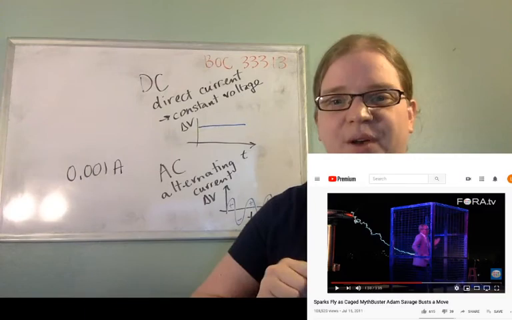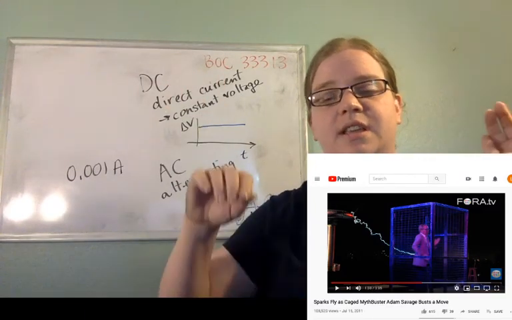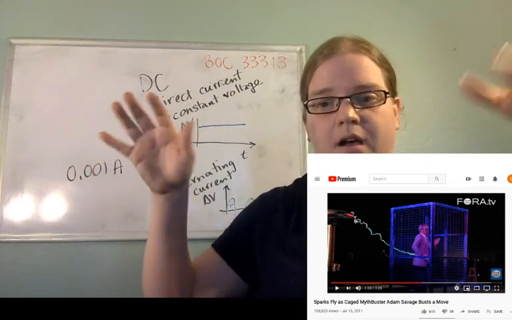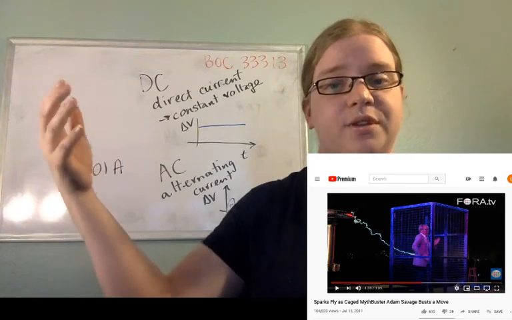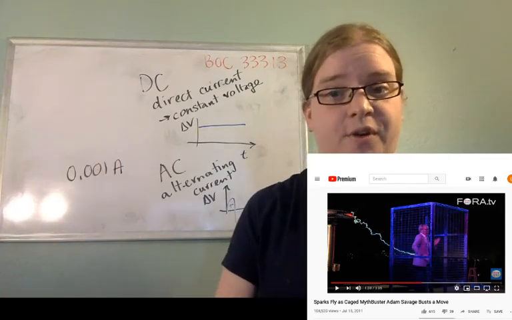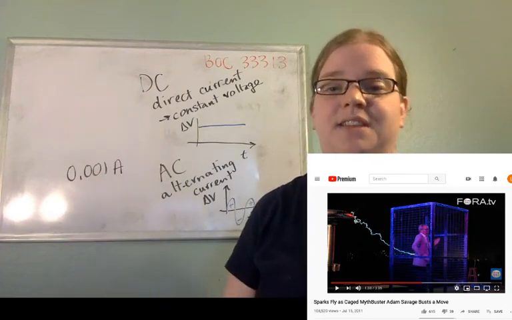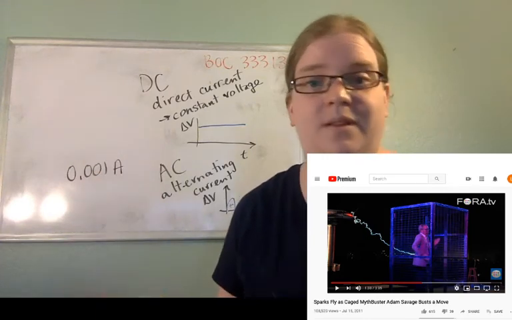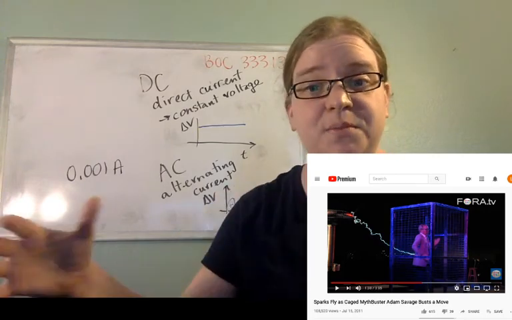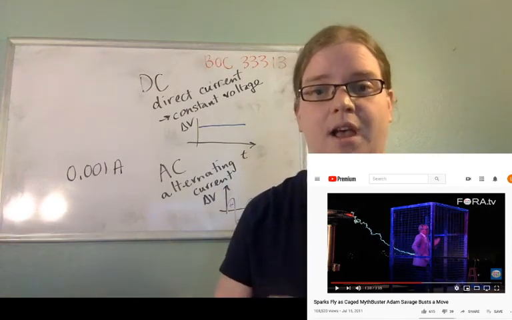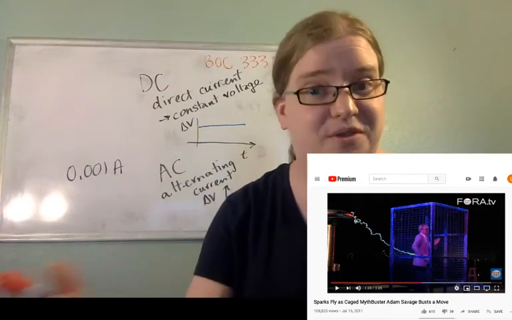All right. So in this video, we got Adam Savage, and he is surrounded by a metal cage, and outside of that is a Tesla coil. And actually, if you've ever been to the Griffith Observatory, like the museum part inside, they have one of these. And it's basically a lightning machine. Okay, so it can generate this huge visible spark of electricity, because the way it does it is it creates an enormous electric field.